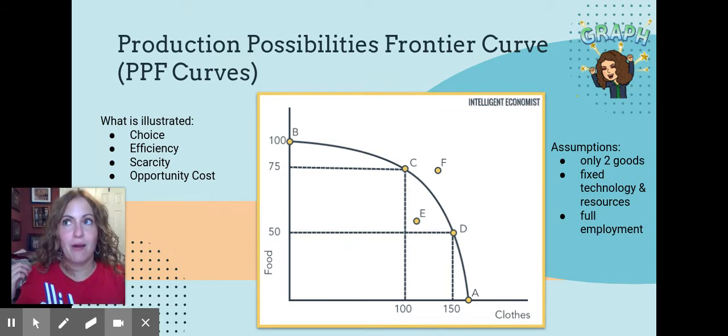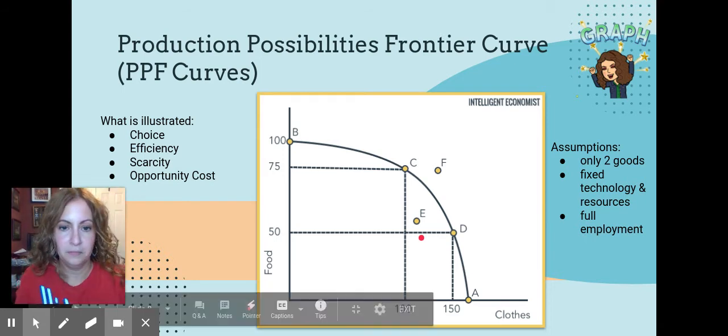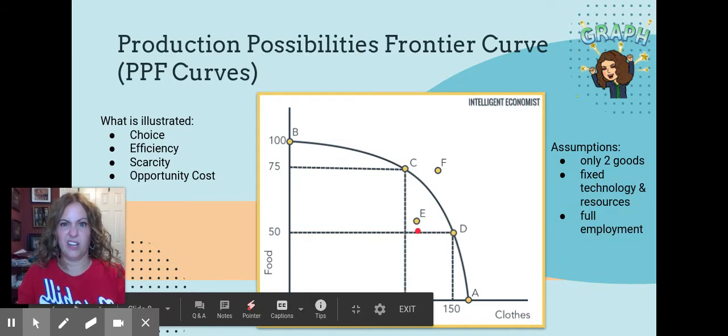So we're talking about how much did you give up, how much did you lose when you're going from one point to another. The thing about producing at E, which is, remember, inside the graph: if you're at point E and you're being inefficient, you're not using all your resources, you could go to any point on the curve and get more without losing anything.